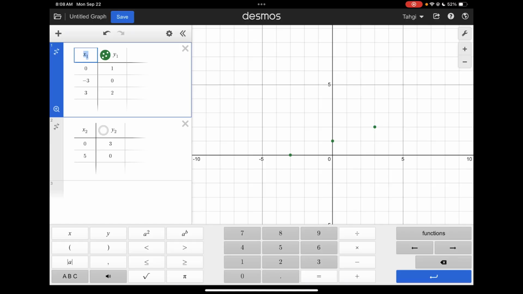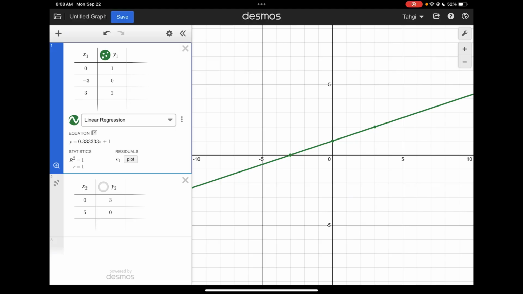Once you put the table in Desmos, which is my first table at the top, I can click the button on the left, those like 4 dots with the slash in the middle. I can click that, and it gives me my equation, y equals 0.333 repeating x plus 1. Now I can write that equation out on my paper because it's already written in slope-intercept form.